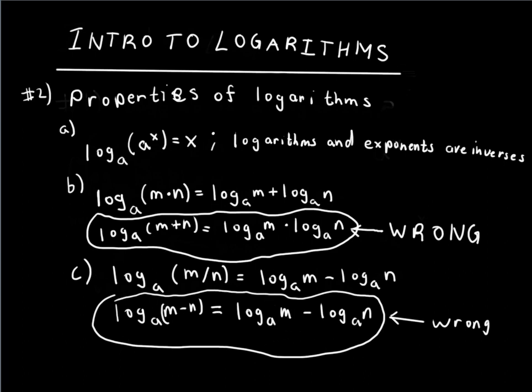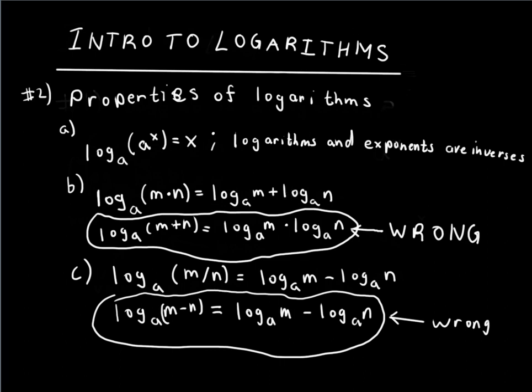The bottom one is completely wrong. For all these rules, something important is that for logarithms, you can't use the distributive or associative property like you would with regular arithmetic.